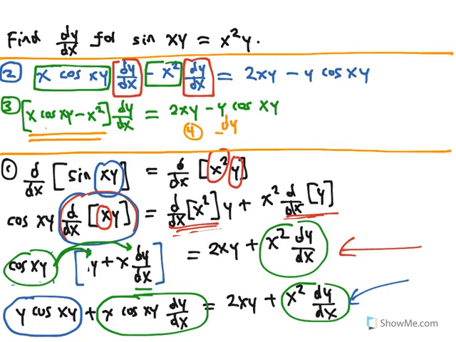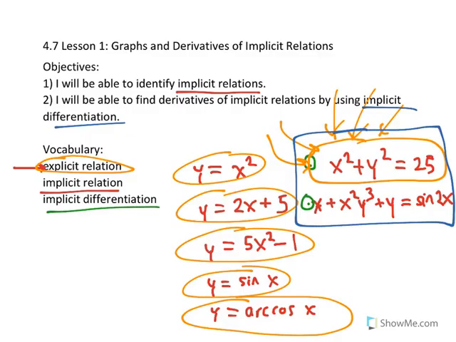So we will have dy dx isolated, and that would be equal to what we have on the right side, 2xy minus y times cosine of xy divided by x times cosine of xy minus x squared. And that is the final answer.